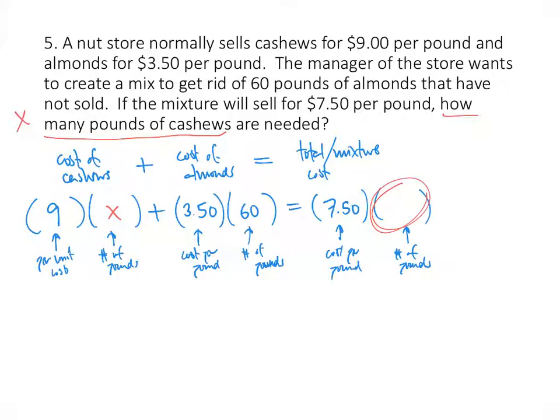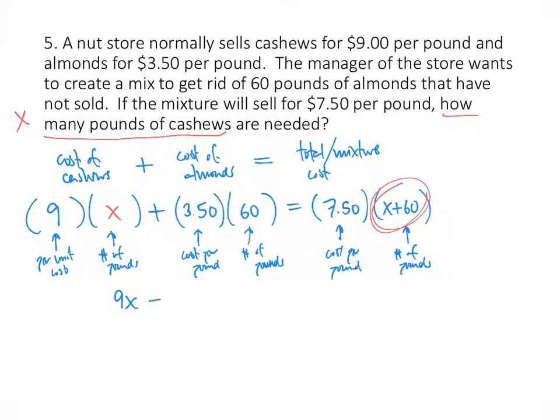But this time we know that we have 60 pounds of almonds plus the mysterious x pounds of cashews. So if we add those together, that's going to give us x plus 60. That's the number of pounds in the mixture. We have x pounds of cashews plus 60 pounds of almonds gives us x plus 60 pounds in the entire mixture. And there's our equation.